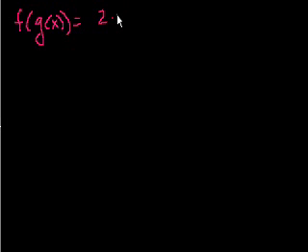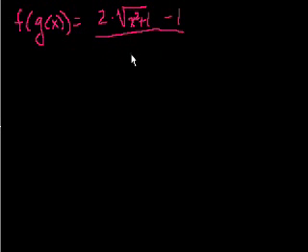So the problem is this. f of g of x, I hope I get this right, is equal to 2 times the square root of x squared plus 1 minus 1, all of that over the square root of x squared plus 1 plus 1.